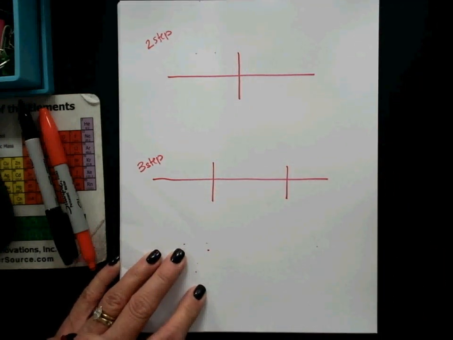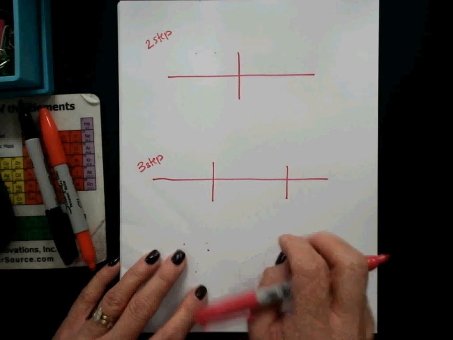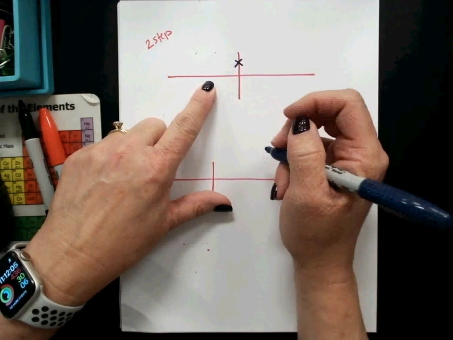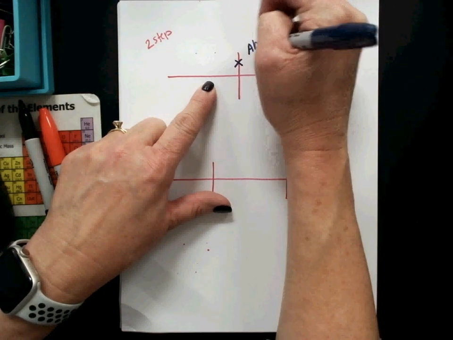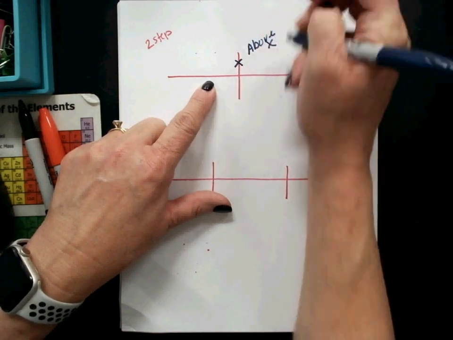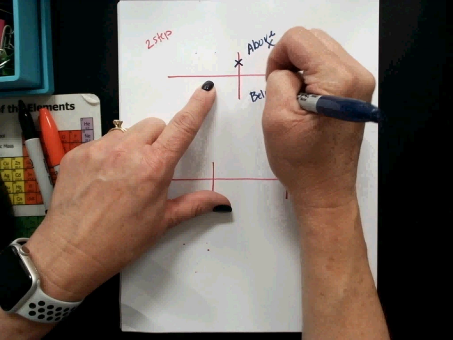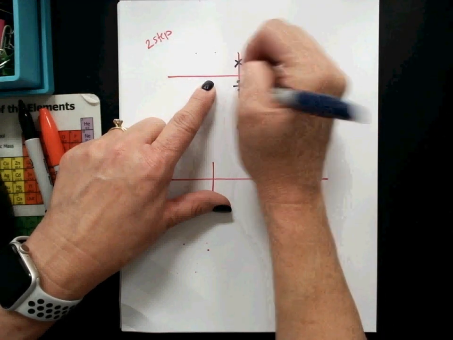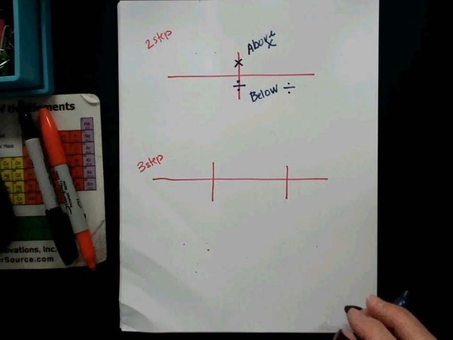And what that line tells me, because this is what people don't usually know, is if I'm above the line, I multiply. If I'm below, it's telling me to divide. So this part down here is a division. And I'll show you when we do a real problem.